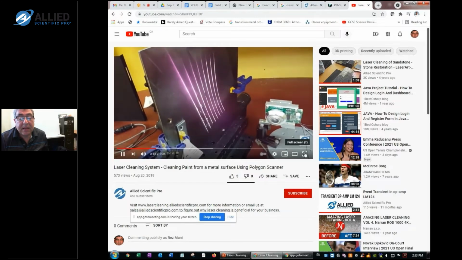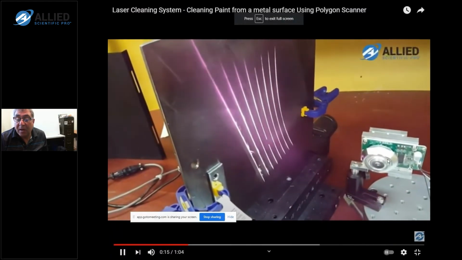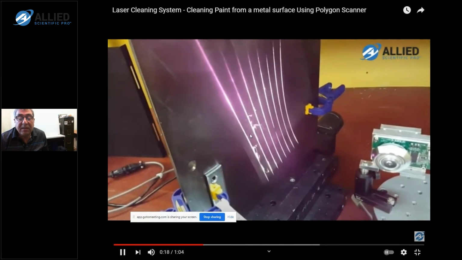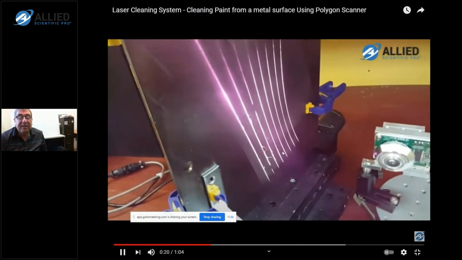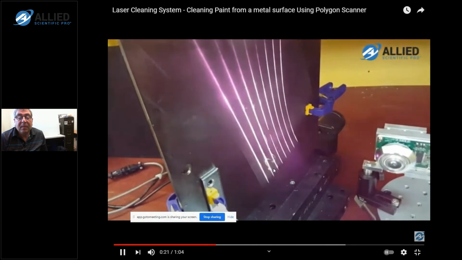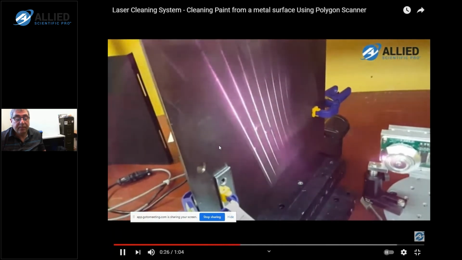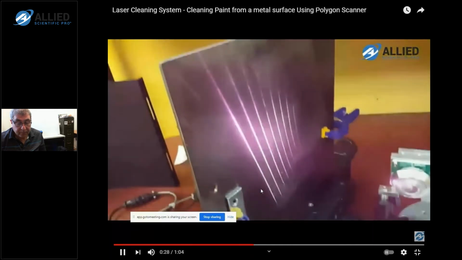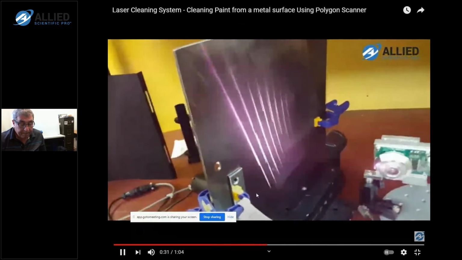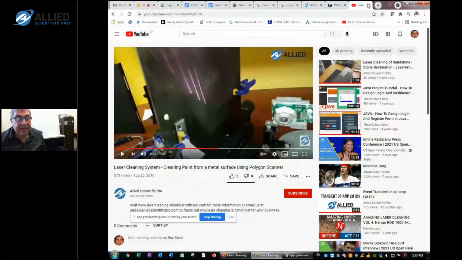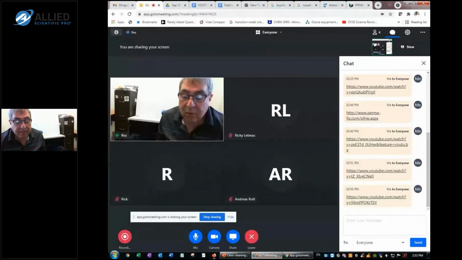You can see how fast the polygon scanner is moving here, and is removing spray paint from this metal surface. Okay, so that's that.